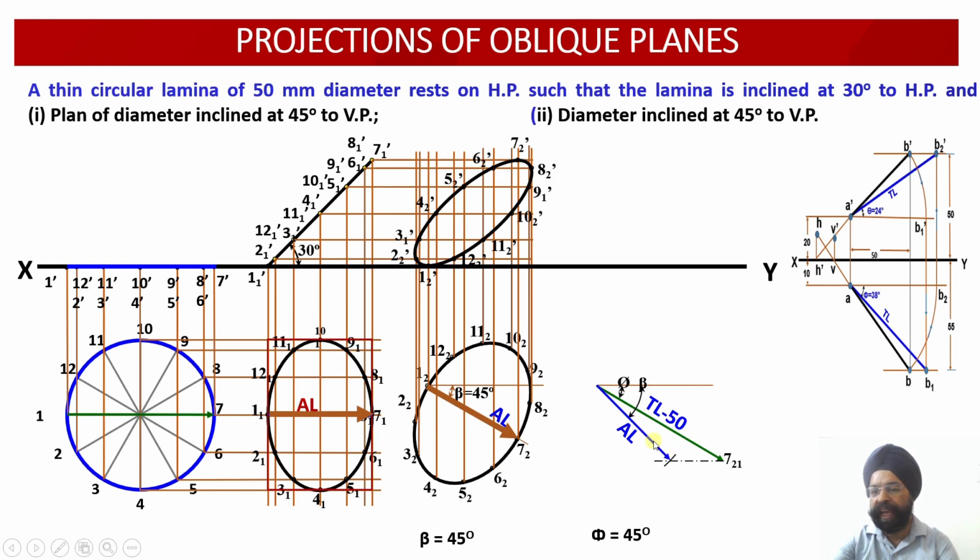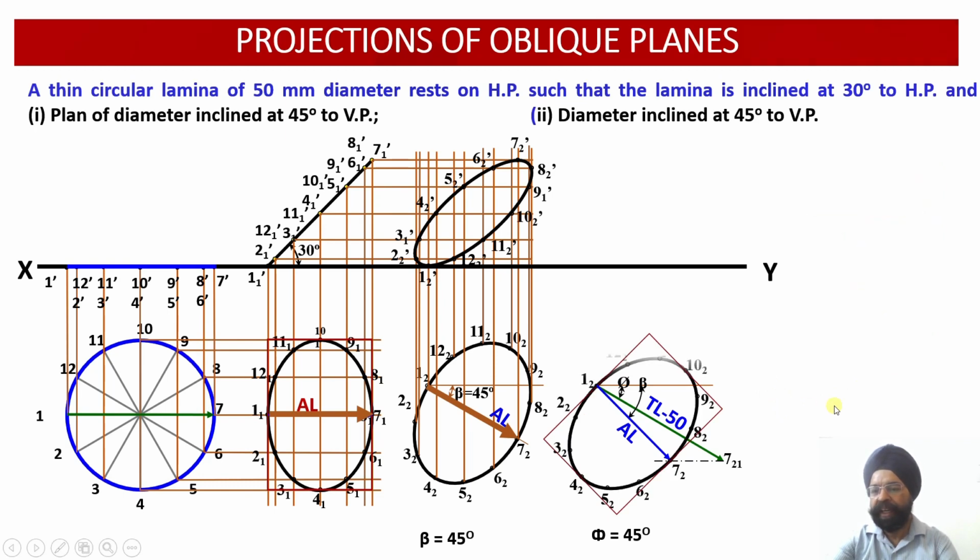And once you know the angle of inclination of this apparent length, now there is no problem. I can once again use the same principles: I will have to translate or rotate this entire figure with respect to this apparent length. Just like we had marked all these 12 points at an angle of 45 degrees before, now this angle has changed, because angle phi was 45 and this angle beta we have now evaluated as approximately 51 degrees.